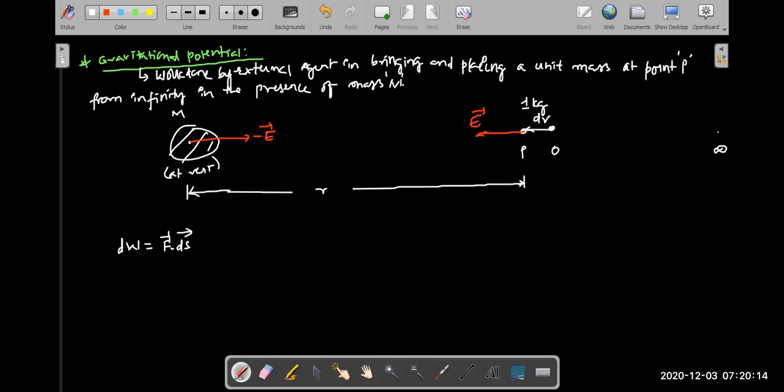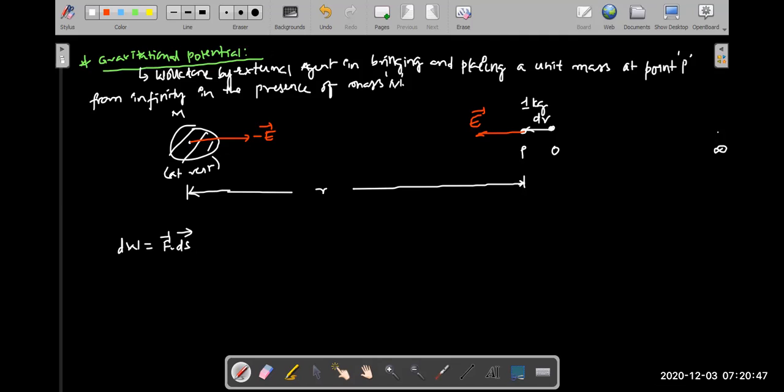Now where is the direction of the external force? In this case, because the force due to gravity is towards the center, we can say the work done by external agent will be E bar into dr bar, F external, because the electric field is trying to act inside. Shall we calculate the work done by the gravitational field?